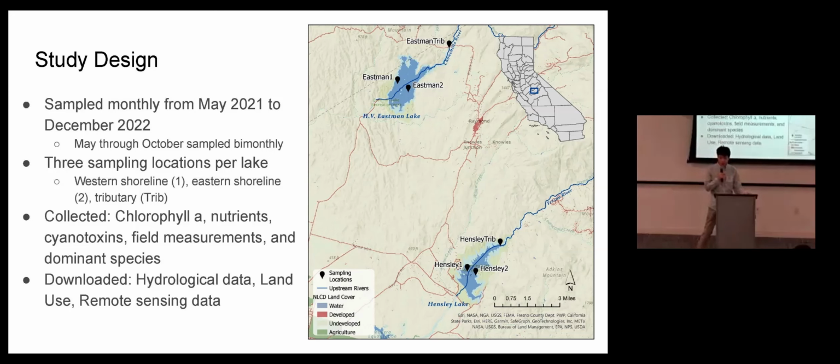From each of the sampling locations, we collected chlorophyll a, nutrients, cyanotoxins, and field measurements, and also looked at dominant species. In addition to in situ data, we also downloaded hydrological data, land use data, and remote sensing data to better characterize the two lakes.